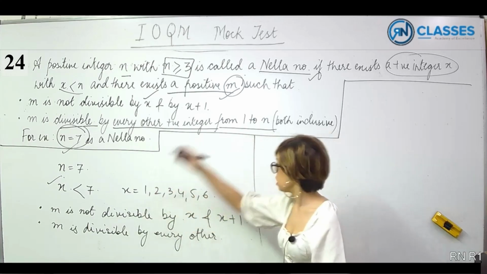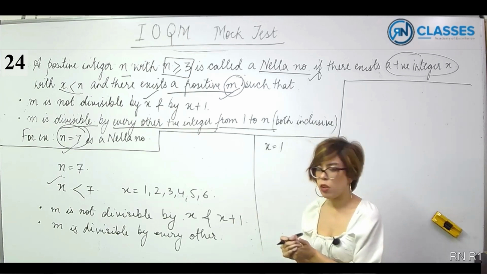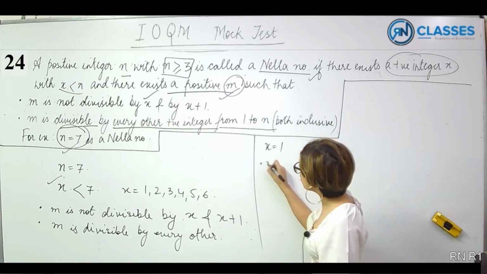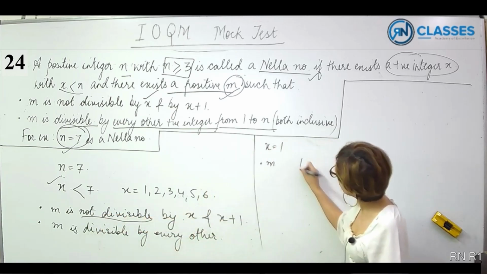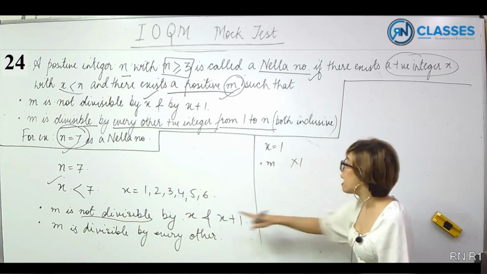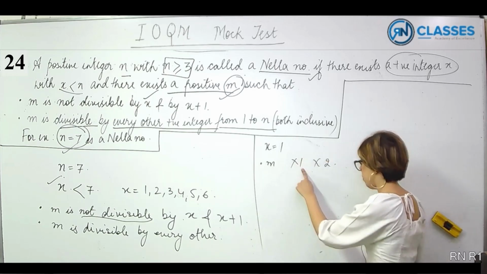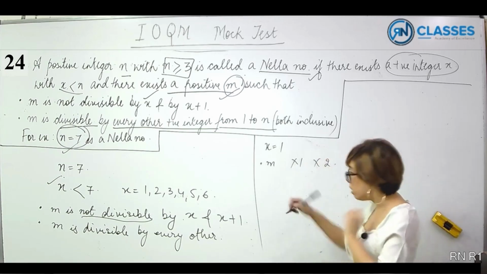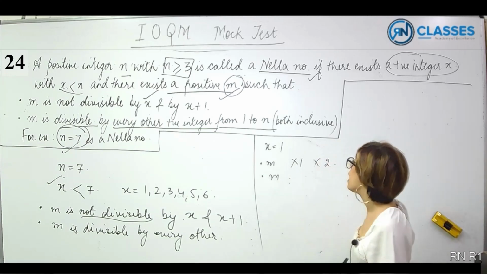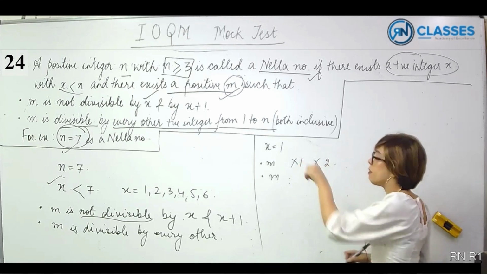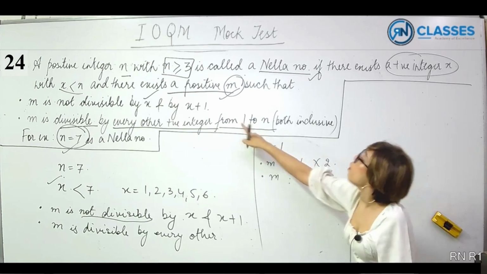Let me check. X equal to 1. Let me see whether x equal to 1 satisfies the thing or not. Now he says m should not be divisible by x, that is not divisible by 1, and x plus 1, not divisible by 2. But m should be divisible by every other, that means except for 1 and 2, every other, 3, 4, 5, 6, up to n.